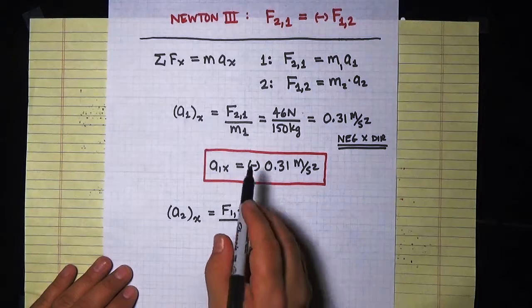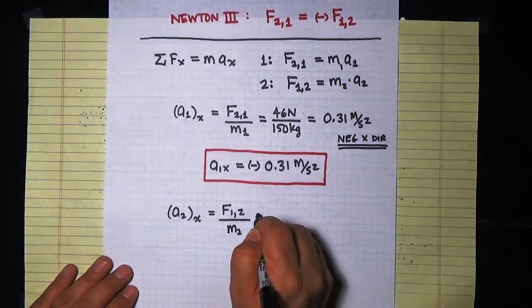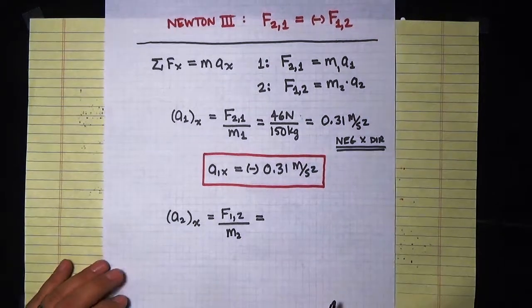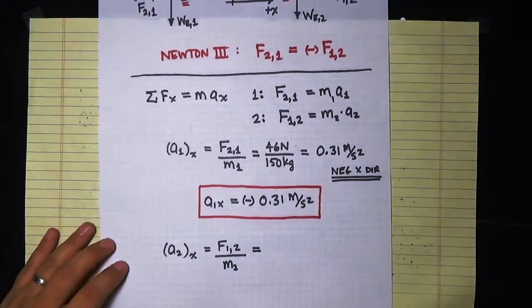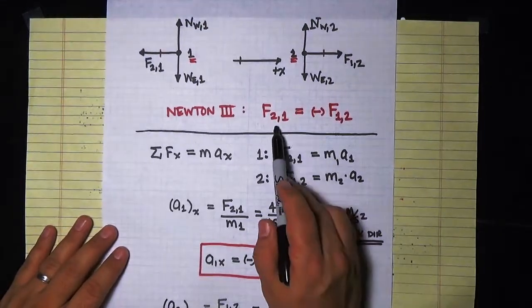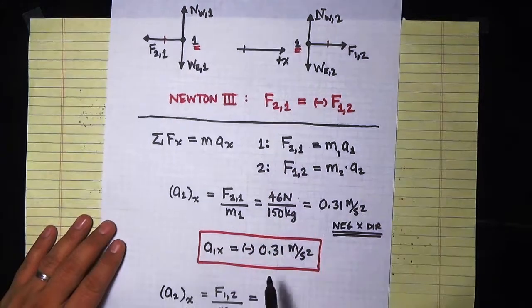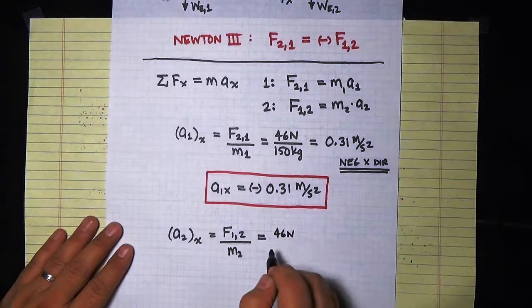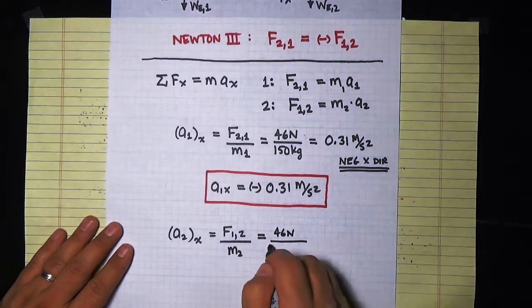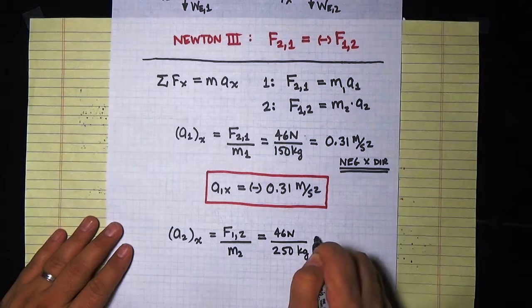I divide it by the mass of canoe 2. And now this is the point where I use the information from Newton's third law. Newton's third law says that the forces are equal in magnitude but pointing in opposite directions. And I know that the magnitude of the push was 46 newtons. I divide that by the mass of canoe 2, which is 250 kilograms.